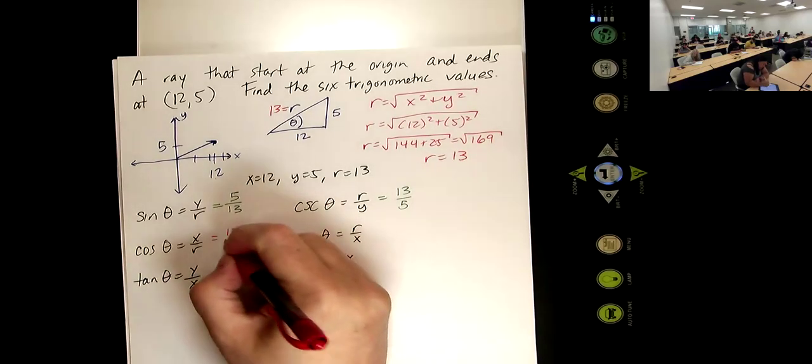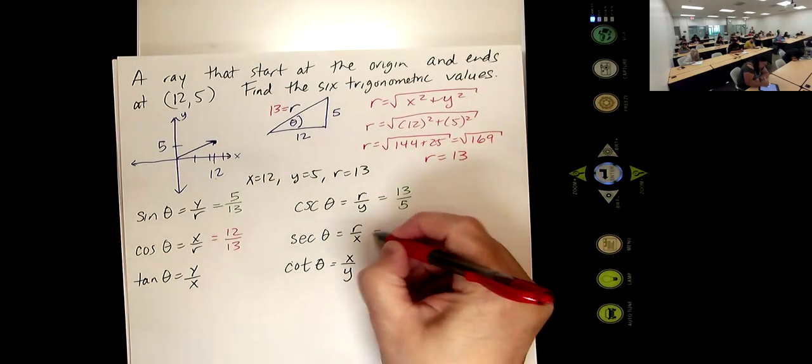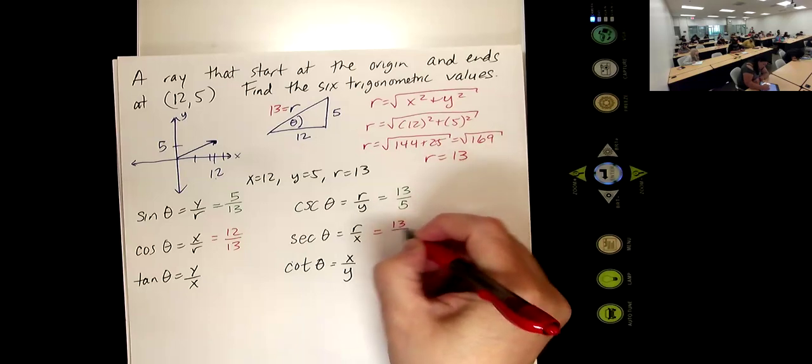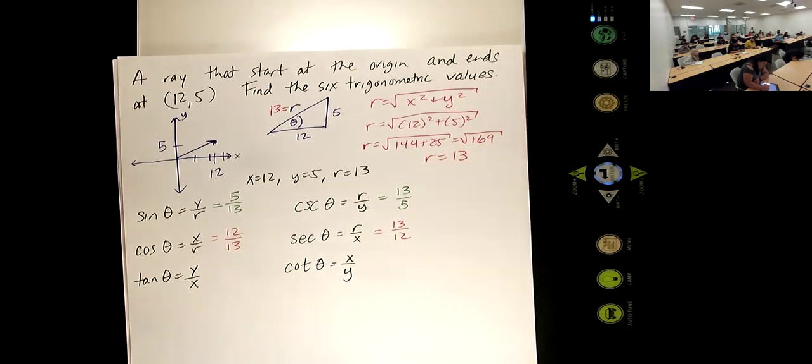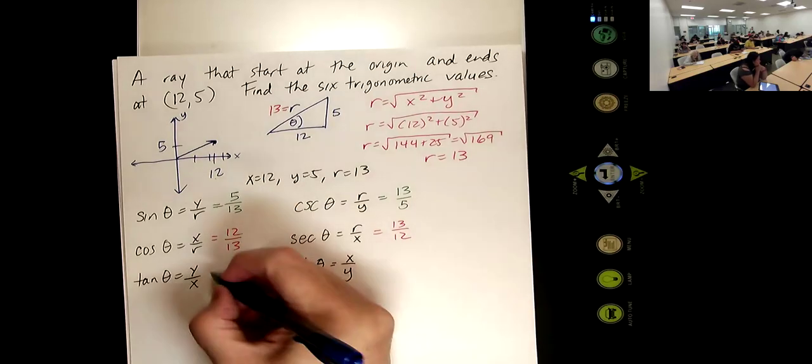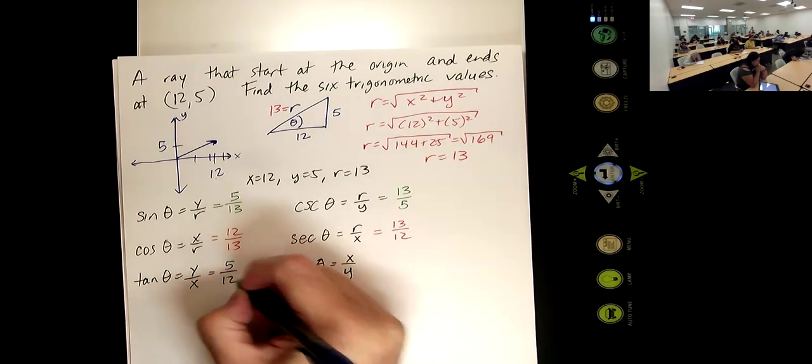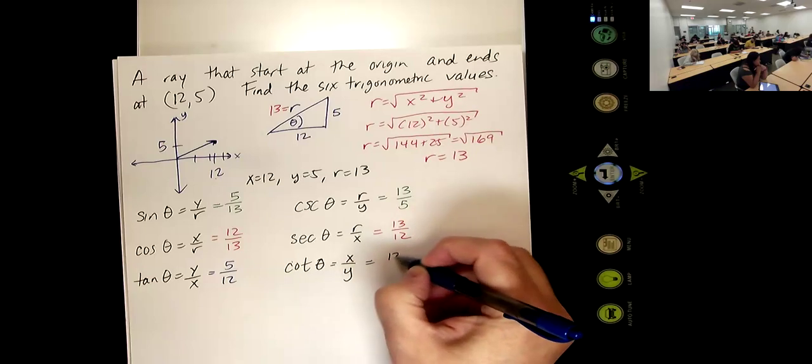Cosine is 12 over 13, x over r, which means secant is 13 over 12. And tangent theta, y over x, y is 5, x is 12, so this is 5 over 12, and cotangent is 12 over 5.